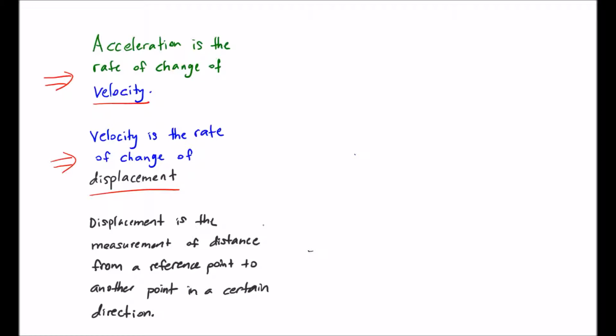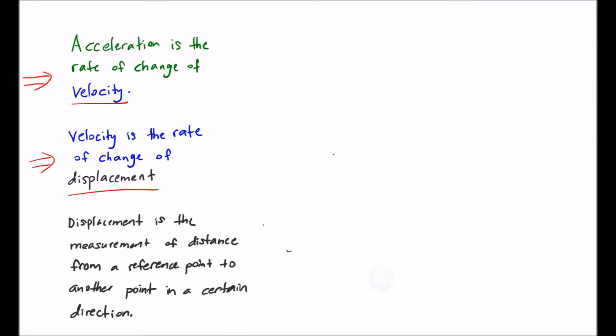I also like to explain to my students that acceleration, velocity and displacement, these three concepts can be understood as three different levels. The lowest being displacement, followed by velocity, and finally acceleration.